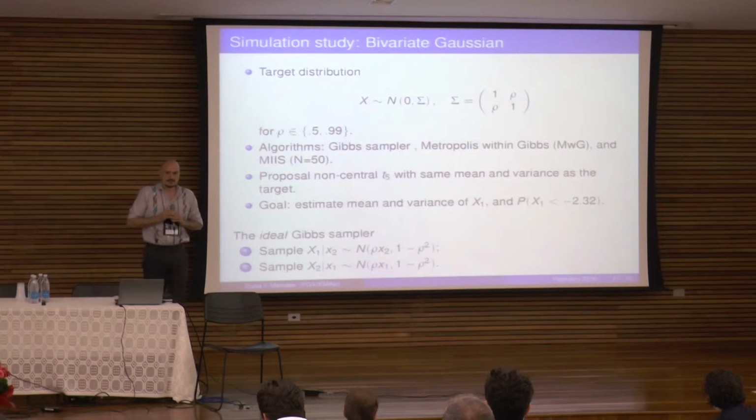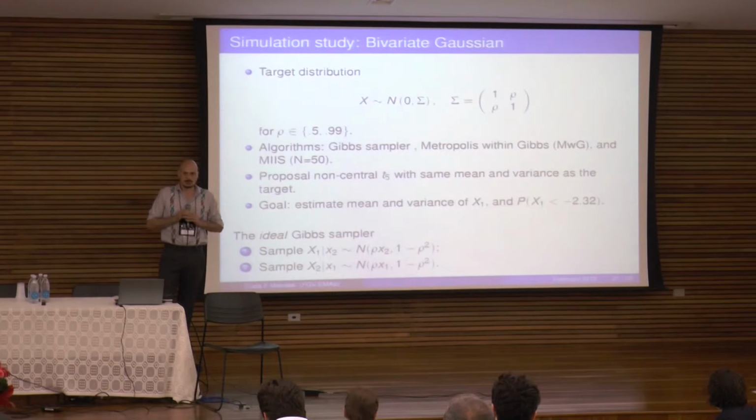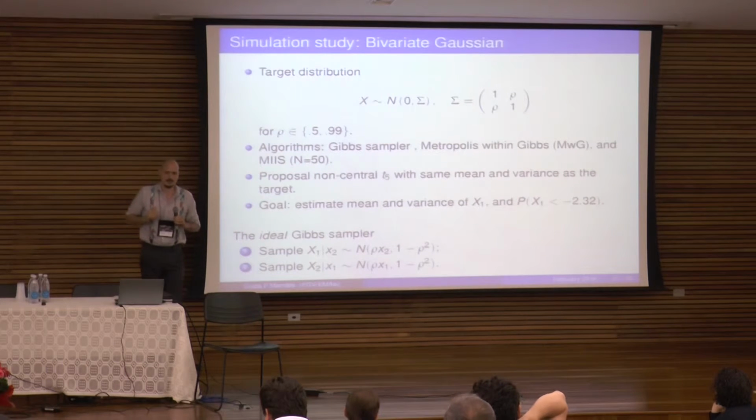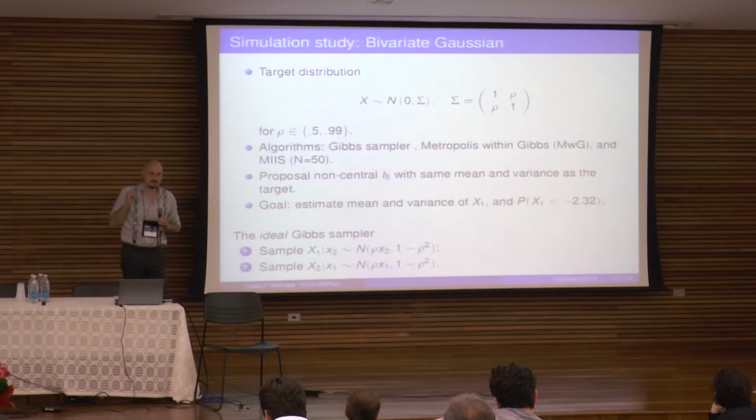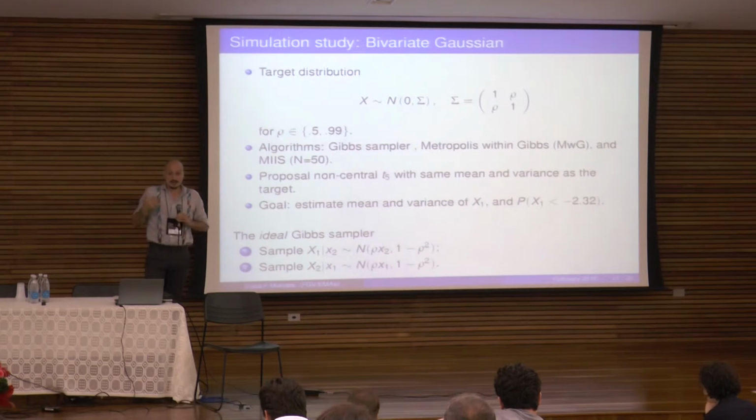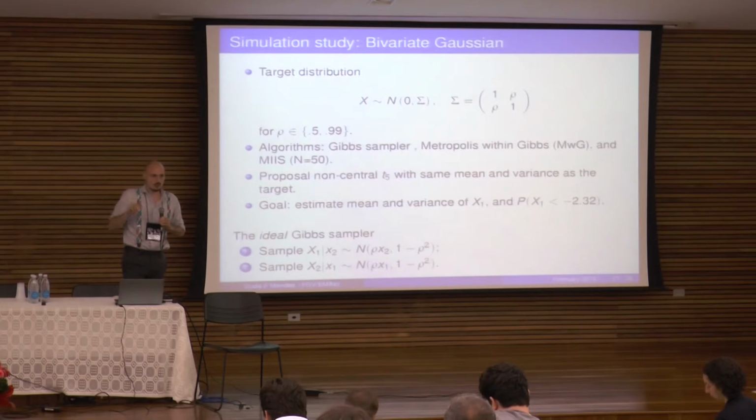We want to compare the ideal Gibbs sampler with the Gibbs sampler using Metropolis within Gibbs with a t5 proposal with the same mean and variance as the target. We also compare with the Gibbs sampler with cross-validation, which in this case is possible because we know all the conditionals, and we have two of our methods implemented.